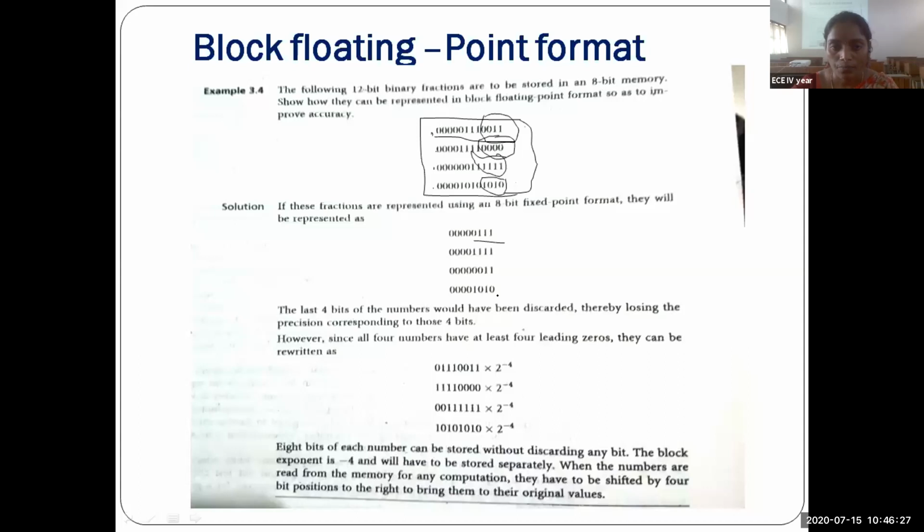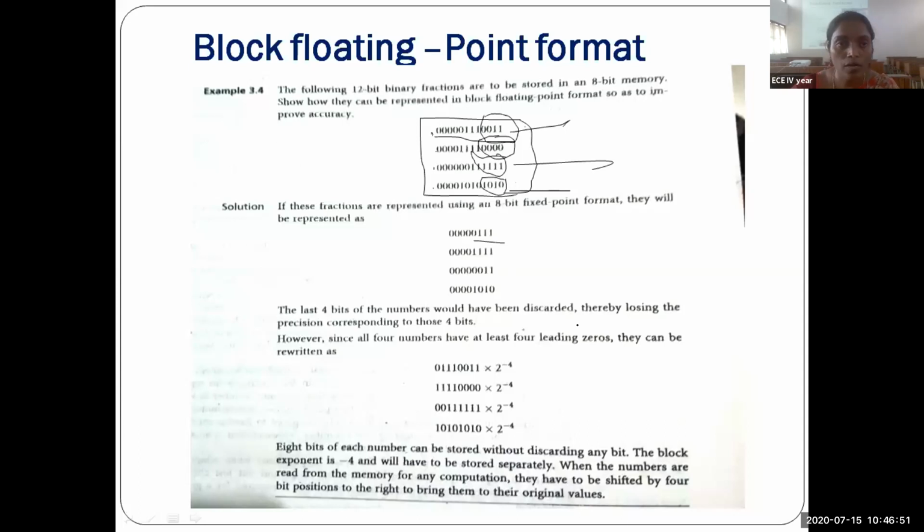But if you denote the numbers in this format, you will lose accuracy. The numbers are already very small, and among them you are discarding the bits that contain value. If you see the first number, third number and fourth number, some ones are present in the discarded bits. So you are losing some accuracy.